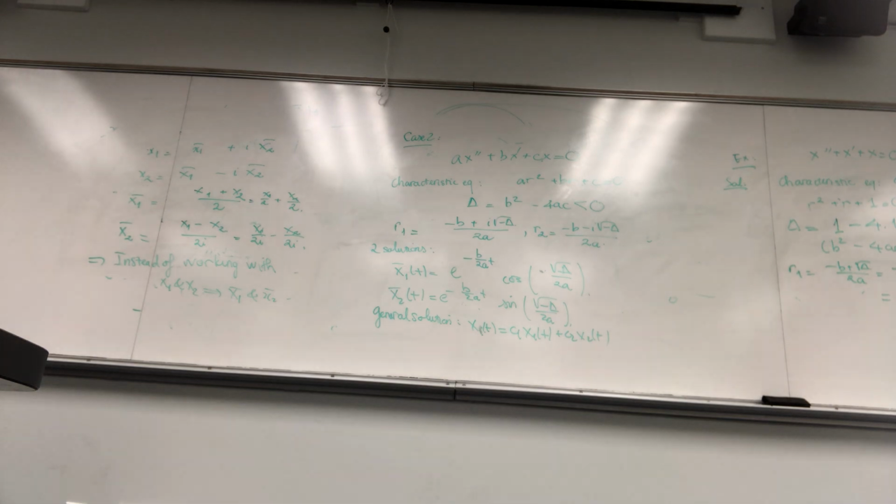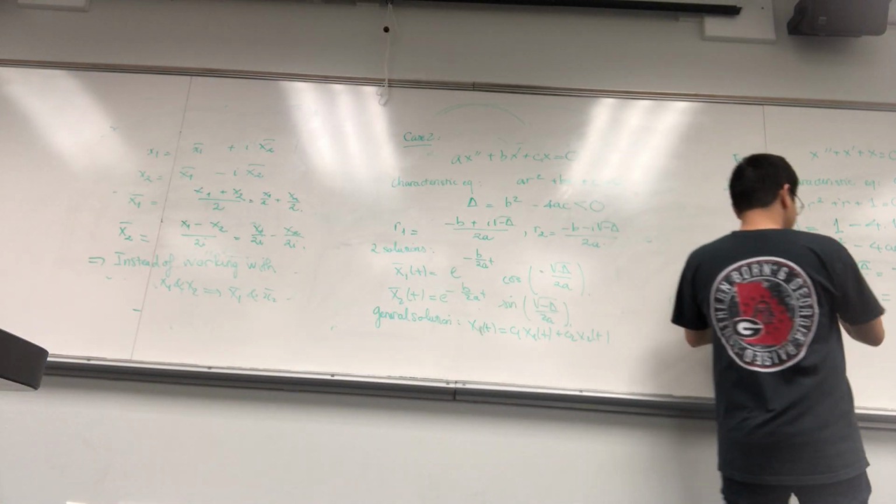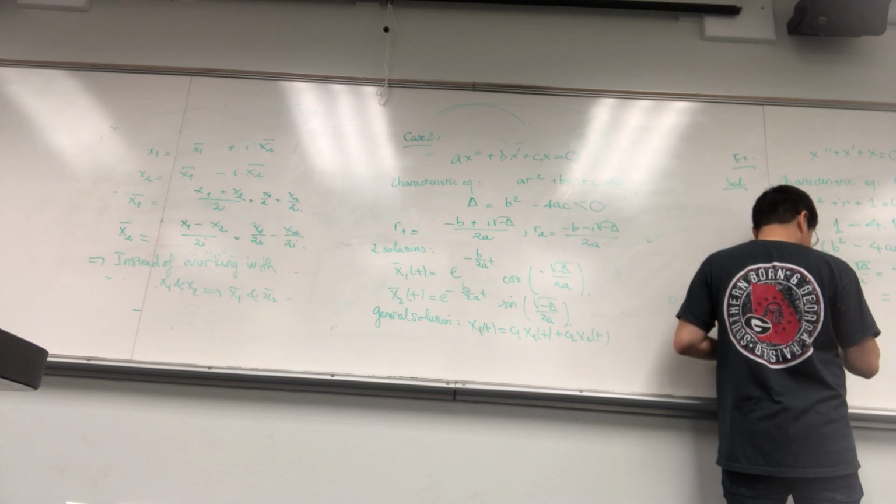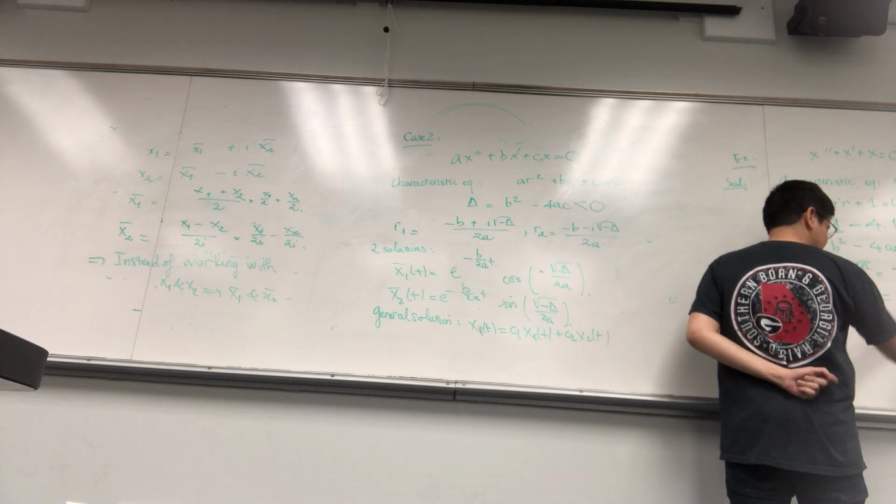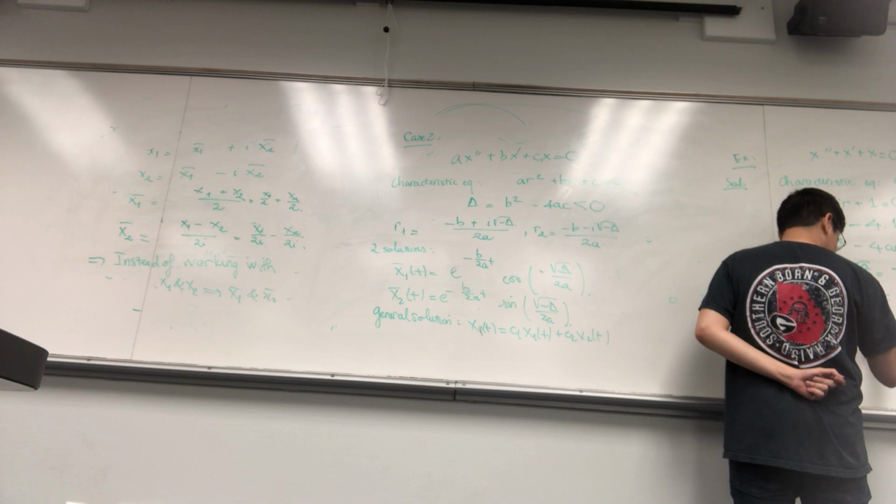Is that good? So what is the second solution? Yes? Minus 1 minus the square root of negative 3 over 2. So for the second solution, you only need to replace the plus here by the minus.